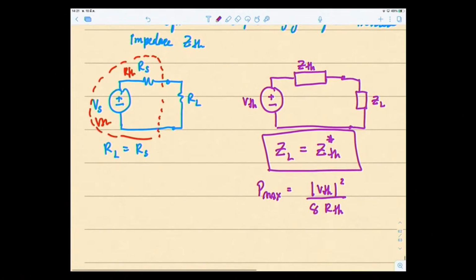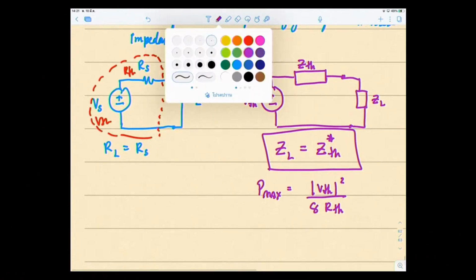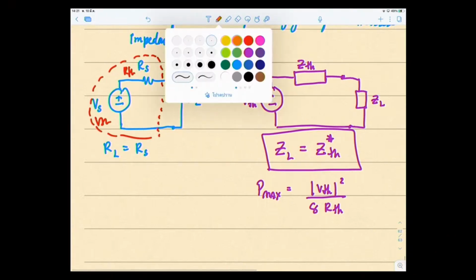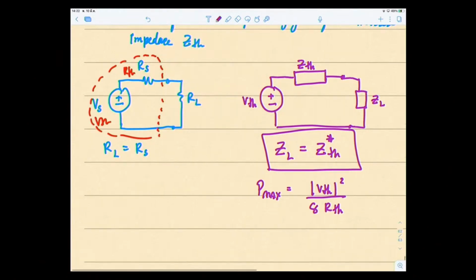Okay, so let's look at a simple example. Let's change colors maybe. Or we can just go to purple again.